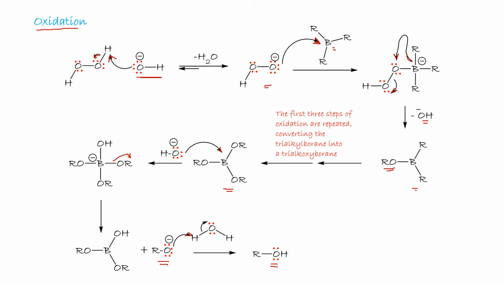We need to repeat these first three steps twice to form the trialkoxy borane, which is then attacked by the hydroxide ion as a nucleophile, followed by expulsion of alkoxide ion, which is protonated by hydrogen from a water molecule to form alcohol.